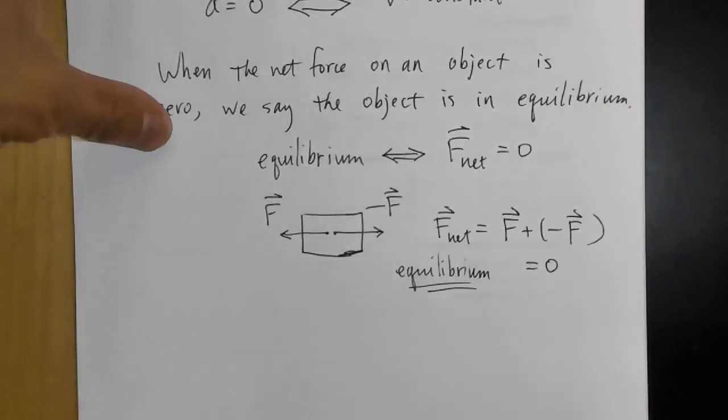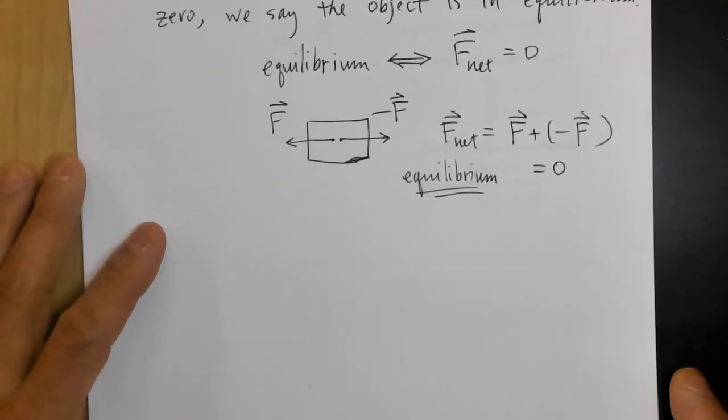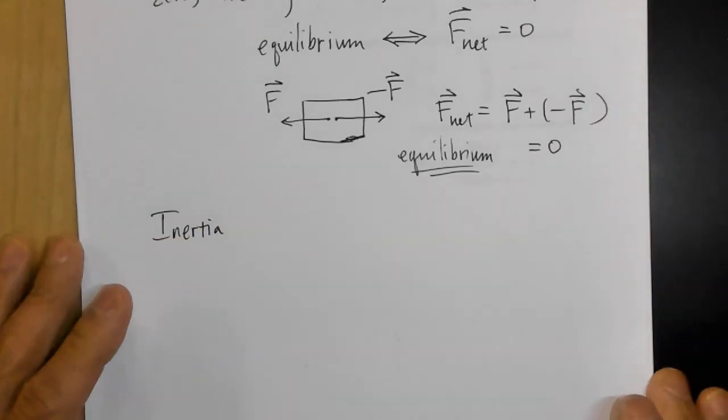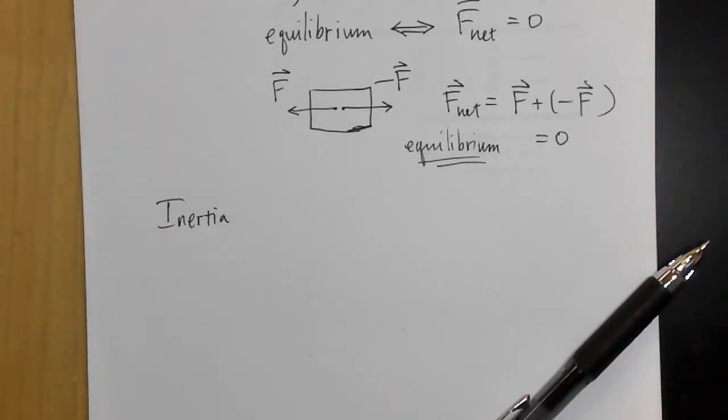Okay, now I'm going to hit you with a couple more definitions. One is something called inertia. All right, the concept of inertia is the idea that suppose there was a little piece of chalk, and I were to just toss it at you at 10 meters per second or something. You'd say, oh, that's kind of annoying, but you wouldn't be terrified by this piece of chalk.